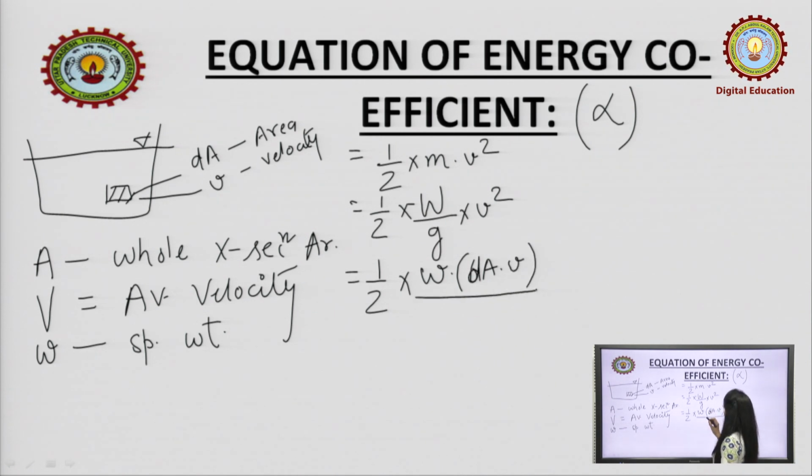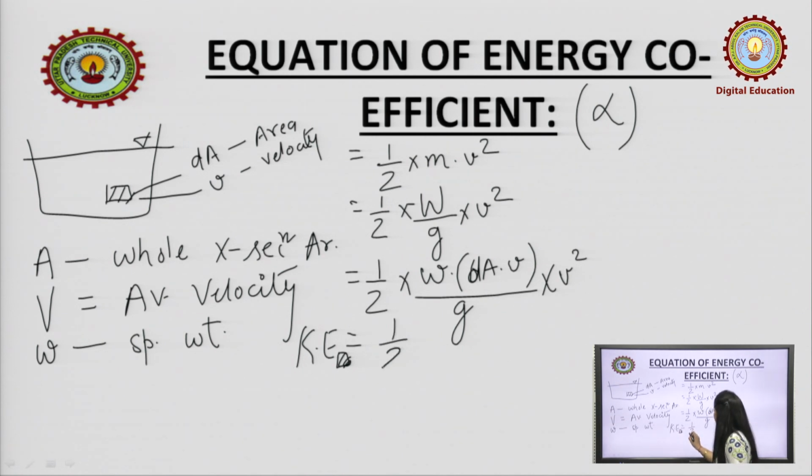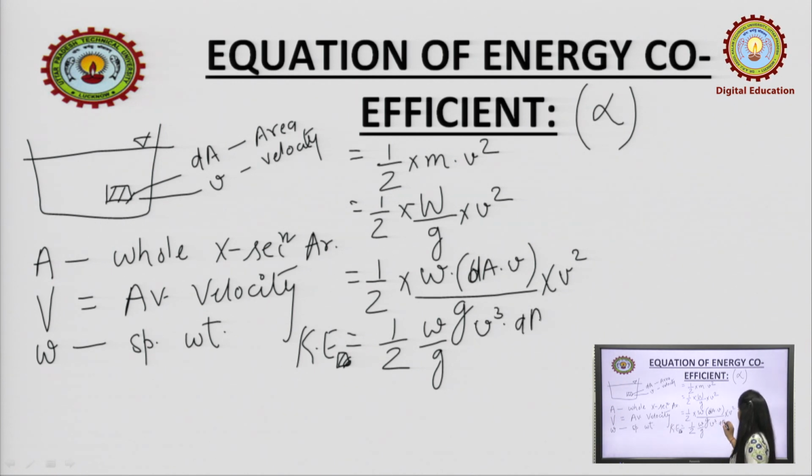If we divide it by g, it is mass, and then the square of velocity. So the kinetic energy through this elemental area will be nothing but 1 by 2 into w by g into small v cube into dA. This was through this elemental area. What if we are supposed to calculate the kinetic energy for this whole section?